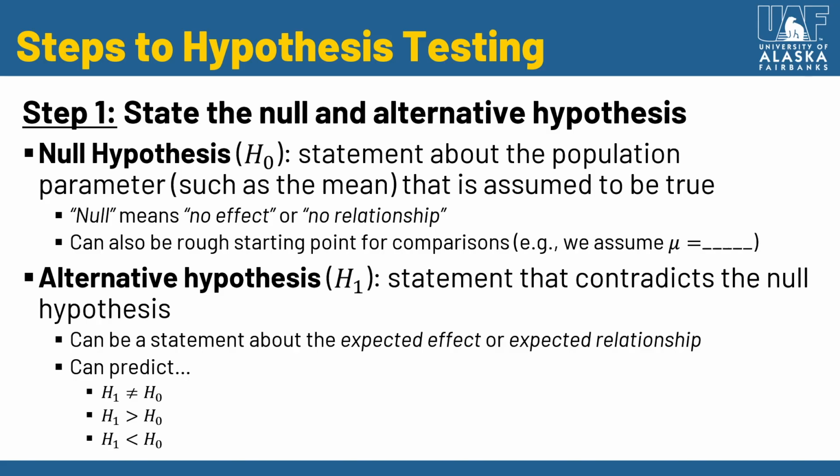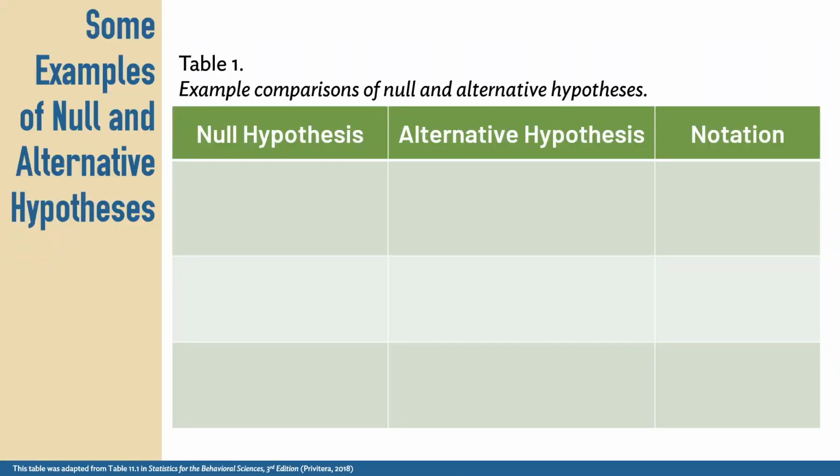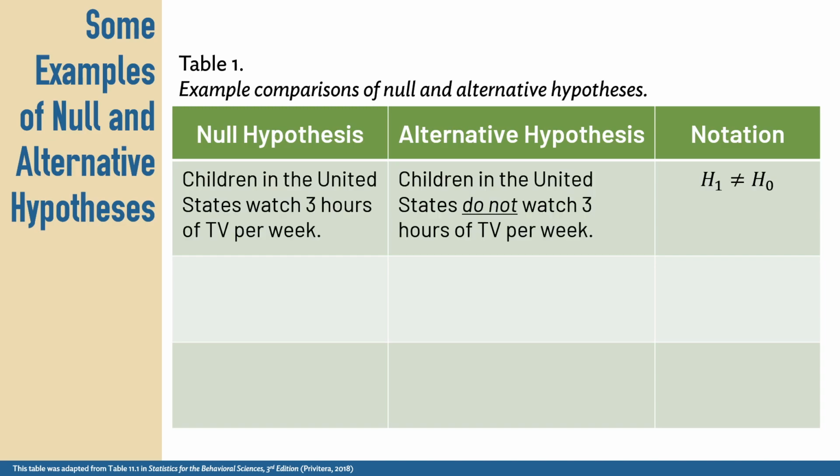Generally, if we're thinking about the mean, in the null hypothesis we're talking about the population mean, and then in the alternative hypothesis we're talking about the sample mean, or using our sample mean to inform another prediction about the population mean that contradicts that which we stated in the null hypothesis.